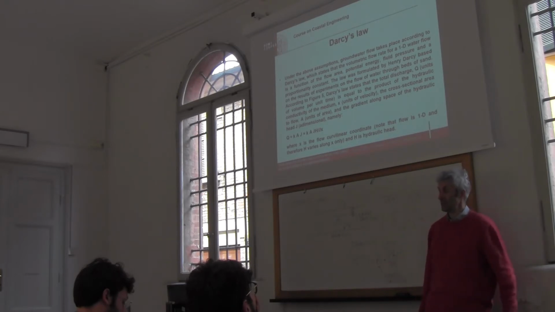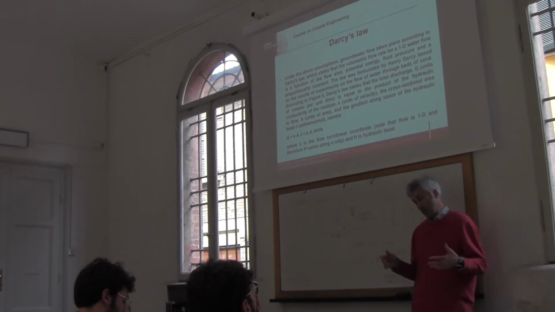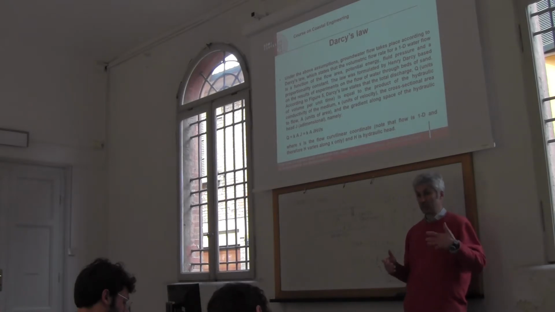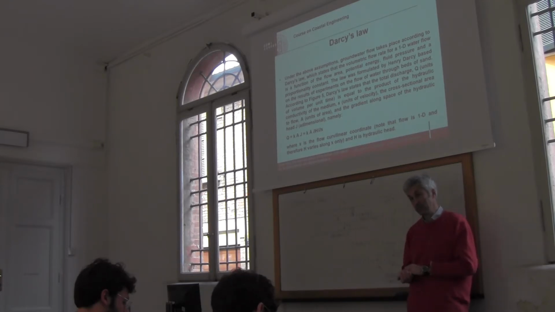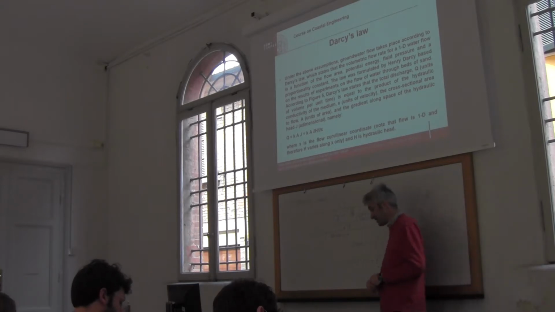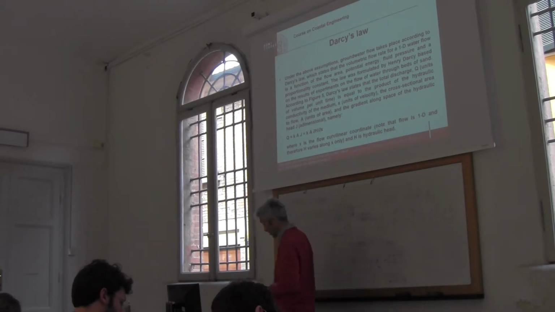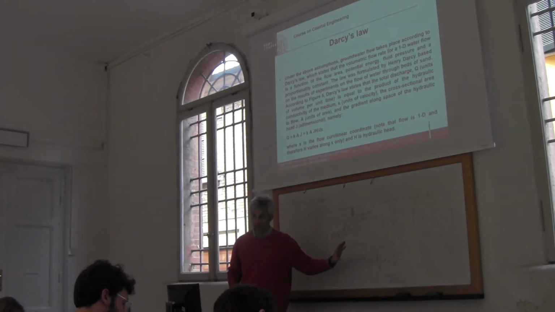I was saying, it is extremely slow. So the fact that the flow is slow, not fast, allows us to assume this linear relationship between energy dissipation and velocity. This was the finding by Darcy.